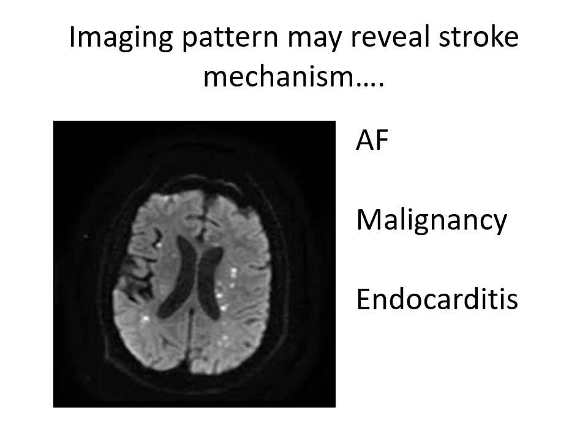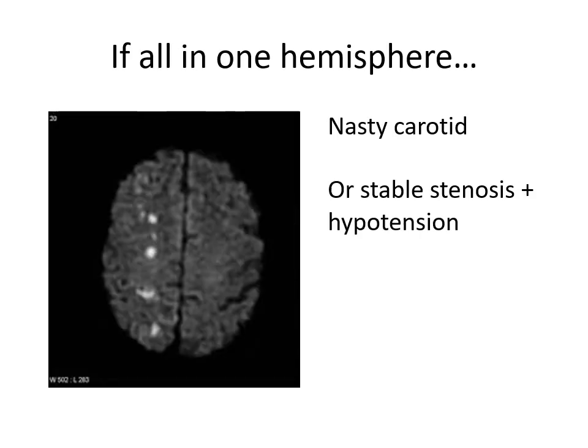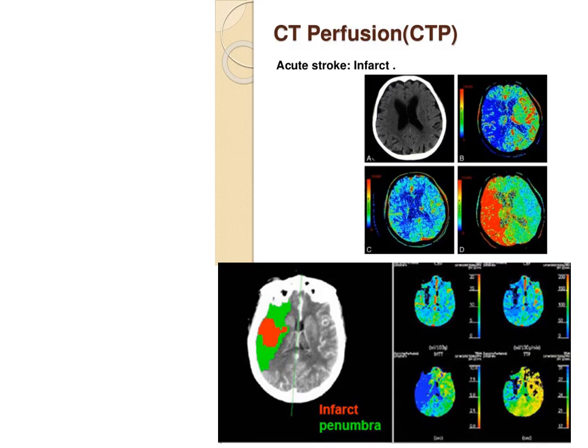It could be bilateral carotids, but that's very unusual. If it's all in one hemisphere, you can certainly then think about the culprit carotid, and you certainly need to image the carotid. Sometimes it's someone who doesn't have an unstable plaque but just has a bit of stenosis there, and they've become hypotensive, drop perfusion pressure, and have failed to perfuse areas of the brain, and you get a sort of slightly watershedy pattern.